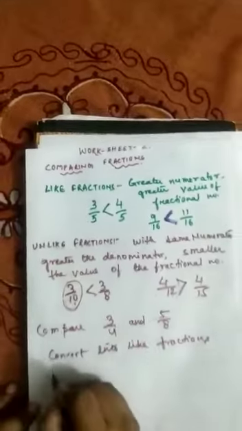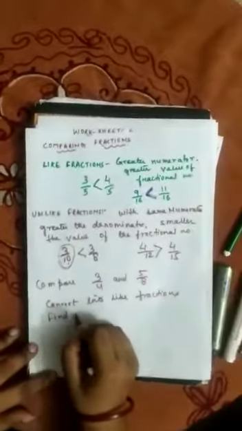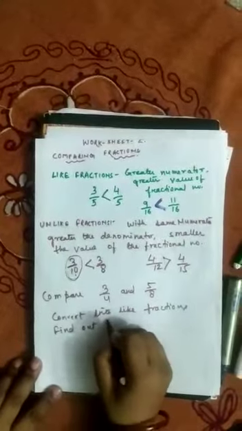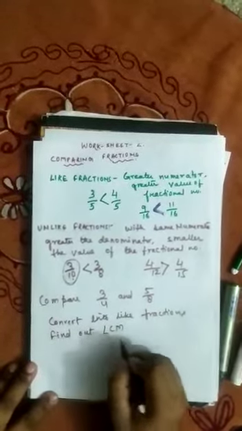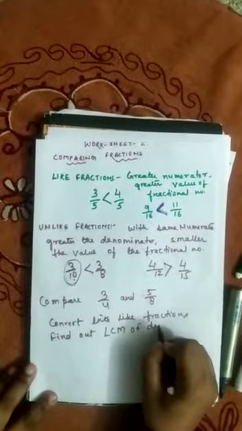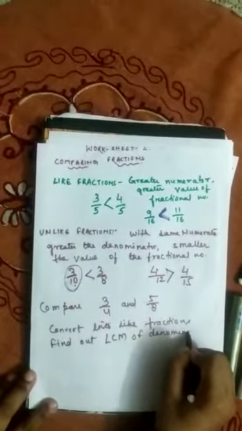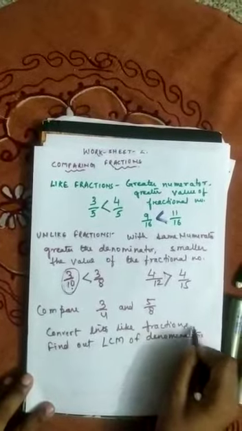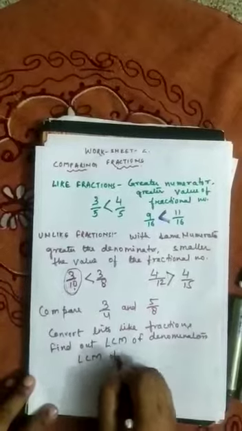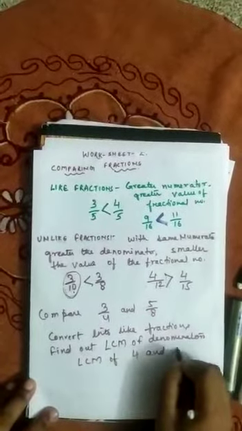So what are the steps? Firstly, find out the LCM of the denominators. LCM means least common multiple. What are the denominators here? 4 and 8. So LCM of 4 and 8.